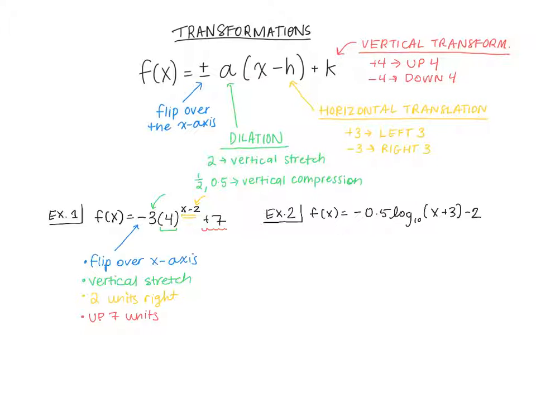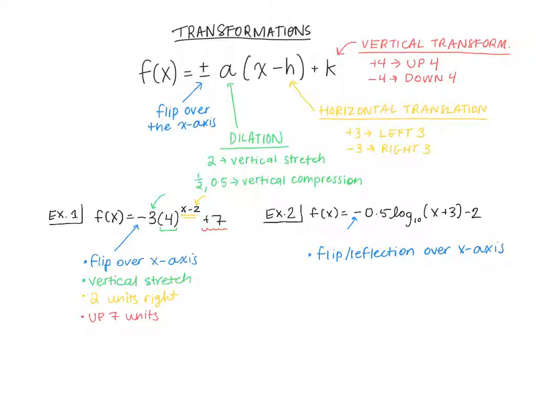So again, let's think about all the transformations we have. The first one that I see, if I start on my left, is that I have this negative sign. I know that that means a flip or a reflection over the x-axis.